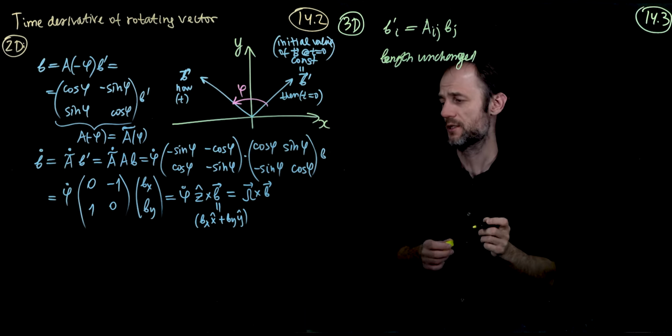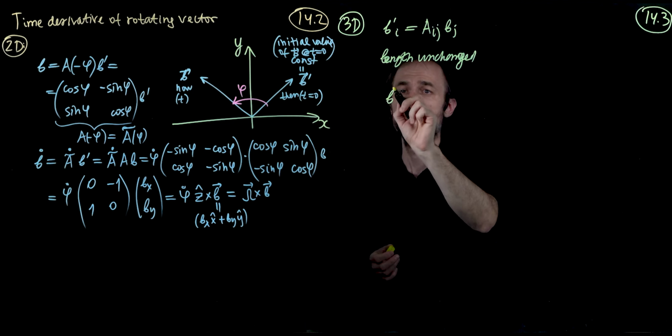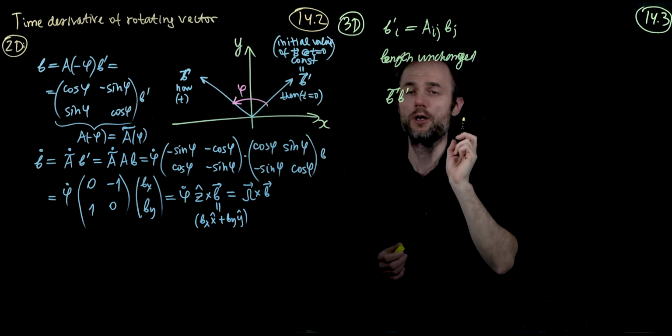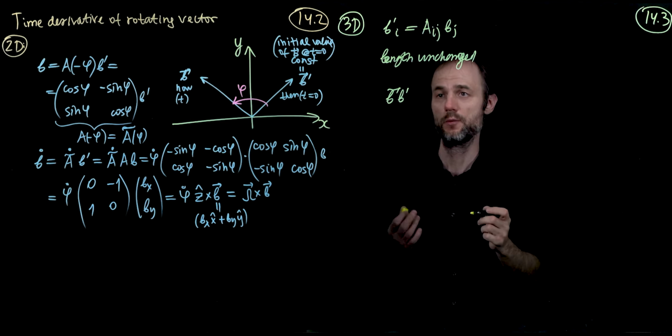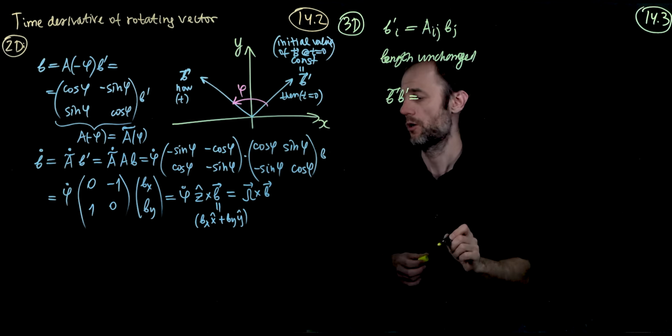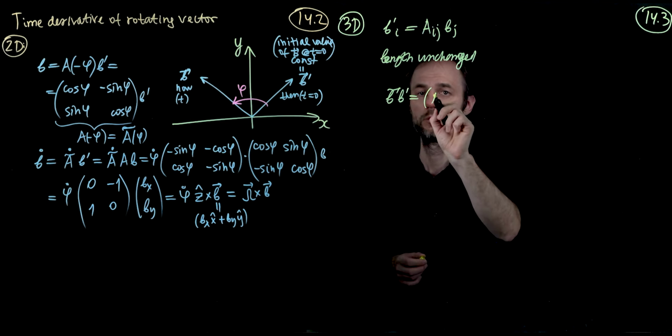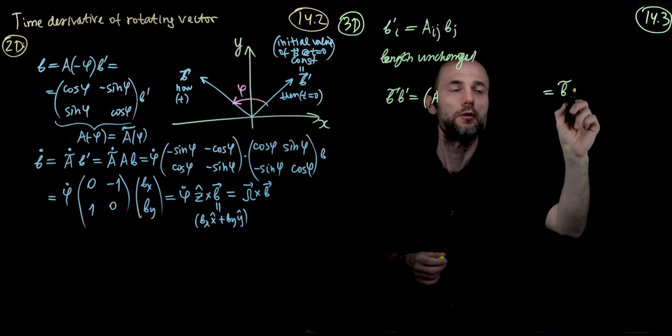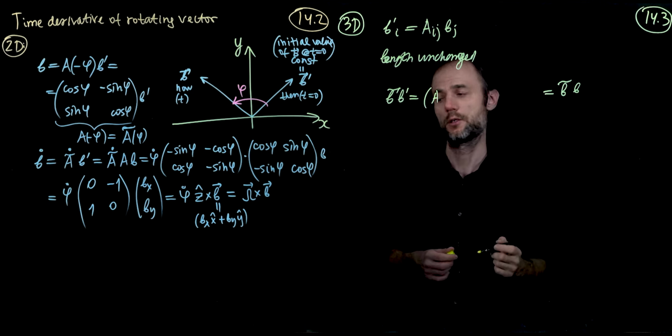So what that means is that b tilde times b prime is going to be equal to the original vector b tilde times b.